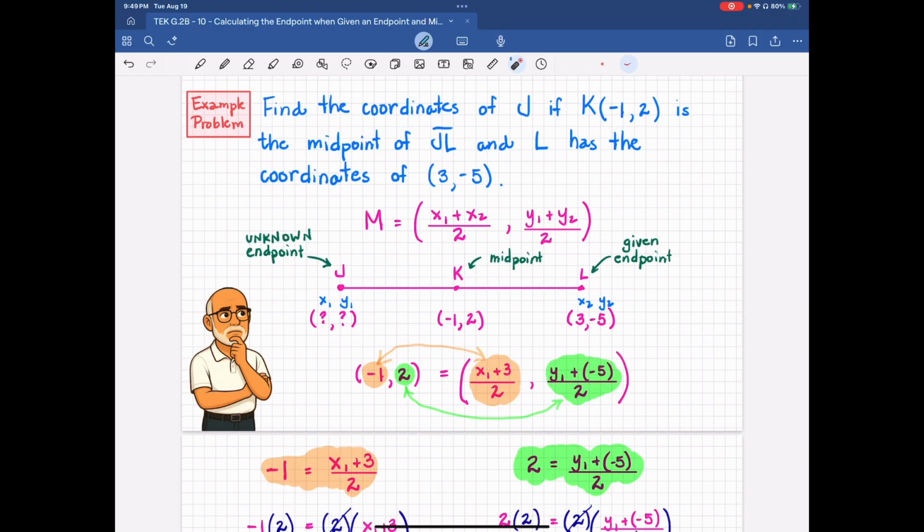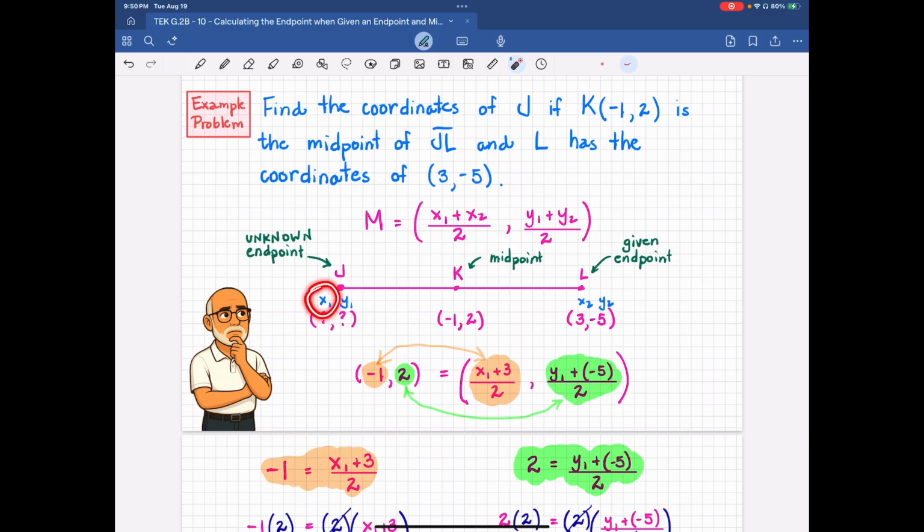I am next going to choose my endpoints as endpoint 1 and endpoint 2. I will make J my x1, y1, and I will make L my x2, y2. So I bring down my midpoint, which is -1, 2, and then the formula tells me to add my endpoint x values, divide by 2, and my endpoint y values, and divide by 2.